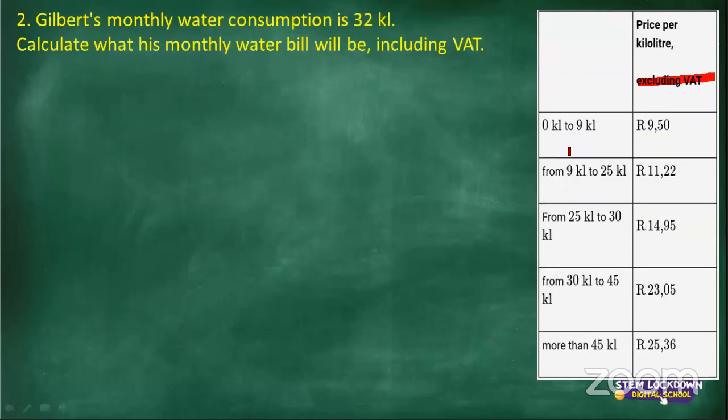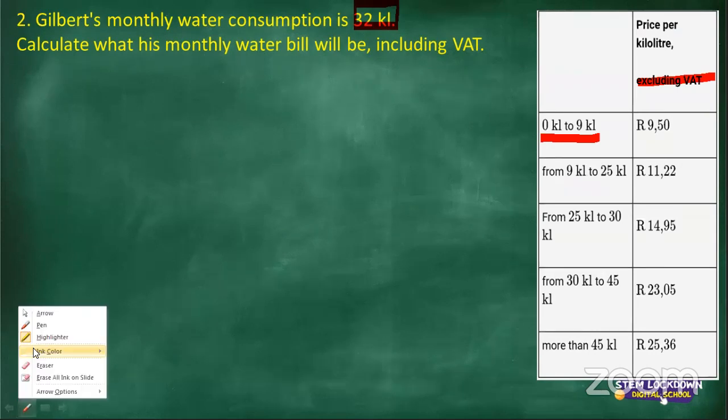Now, what are we doing? We are going to break this down into different categories. You've got 0 to 9 kiloliters. That is the first category. If Gilbert has spent 32 kiloliters of water, that means he has spent up to which category? Let the table guide us here.